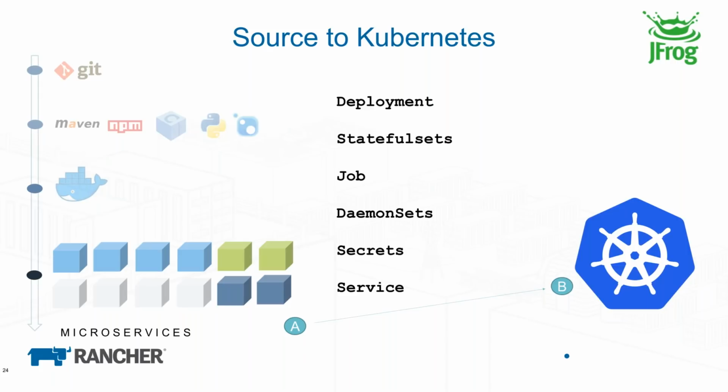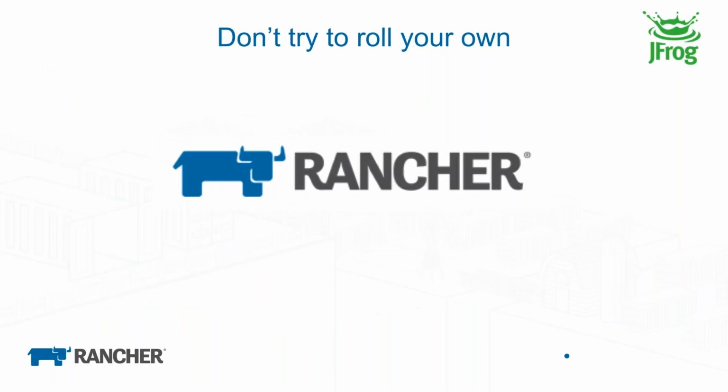And it's possible, but it's a lot of work. It's very, very hard to do. And if you have a tool like Rancher or GKE or lots of other tools, don't try to roll your own Kubernetes. Let somebody else do it. They'll walk you through the setup process to make sure that you have all of the pieces.